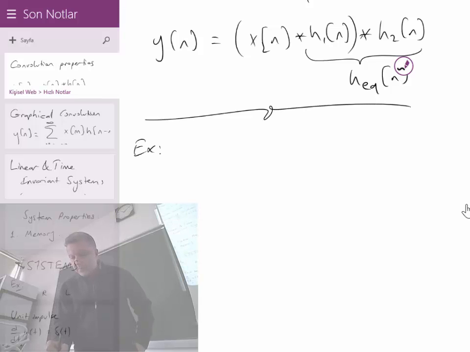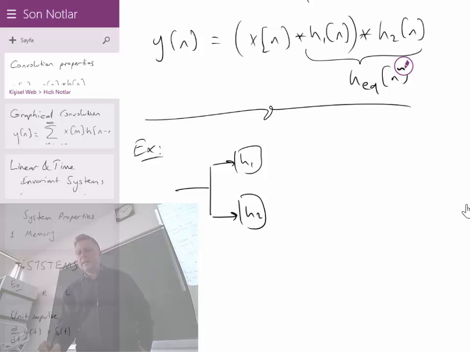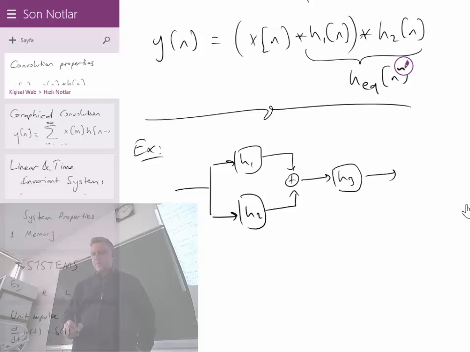An example: h1, h2. I'm not putting n's here. h3. What is the equivalent system response?